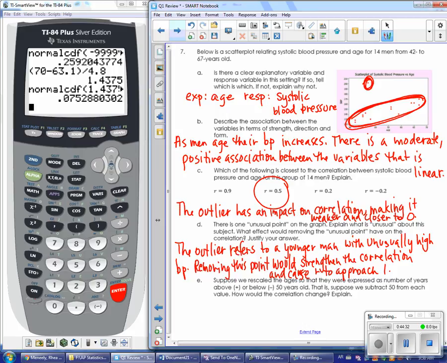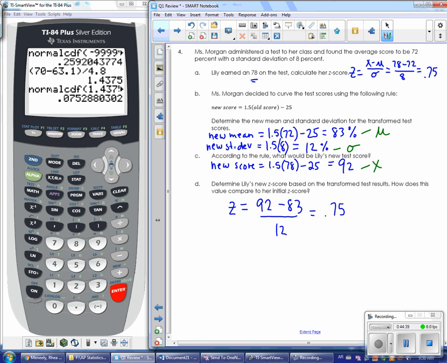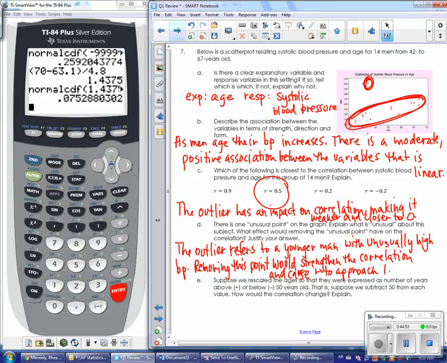And if you think about one of those first questions we did with the test scores, the class test scores, when we transform data sets, it doesn't change the standard value. It doesn't change the z-score. And since the z-scores are involved in computing the correlation coefficient, it's not going to change the correlation coefficient either. So my correlation is not going to change. The strength of the relationship is going to stay the same.